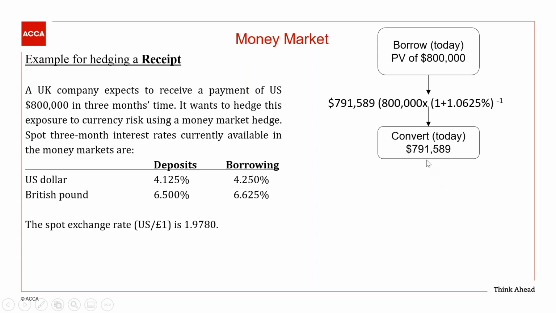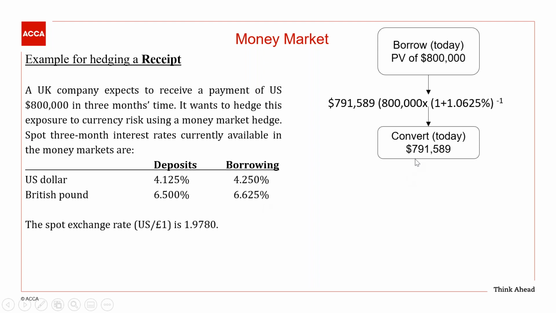Yeah, we have to divide this amount by this rate, right? Let me tell you why we are dividing it by this rate rather than multiplying. We are converting this amount into pound sterling, whereas the rate quoted is in US dollars.